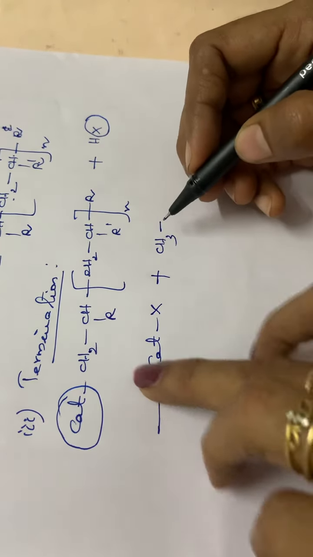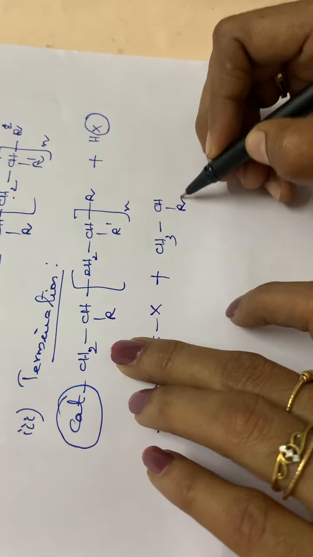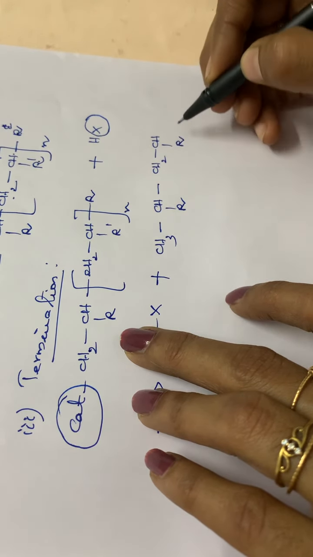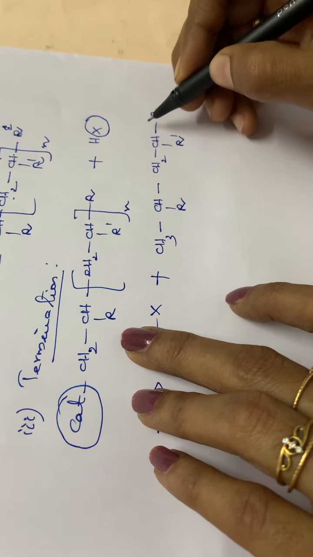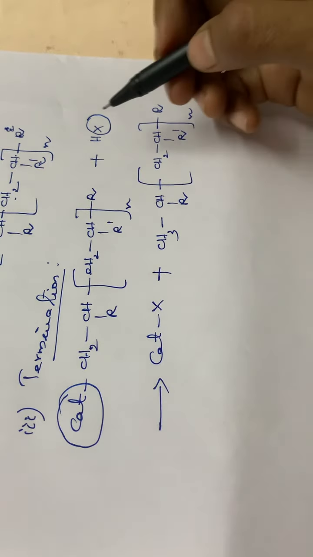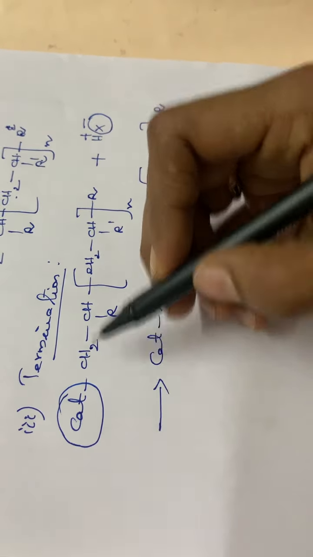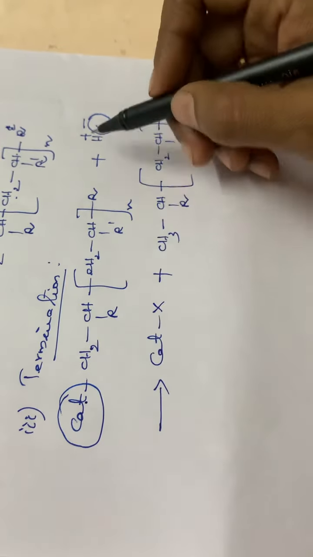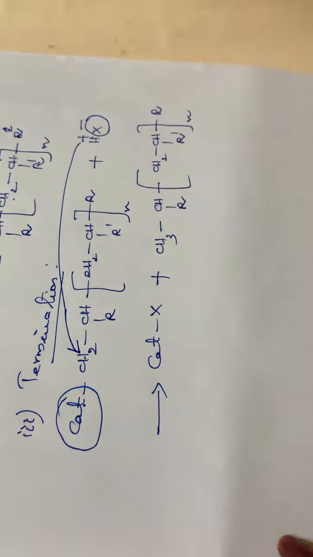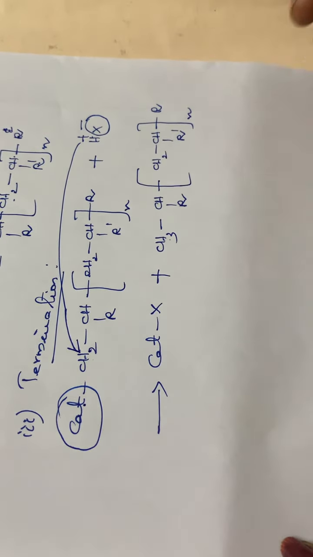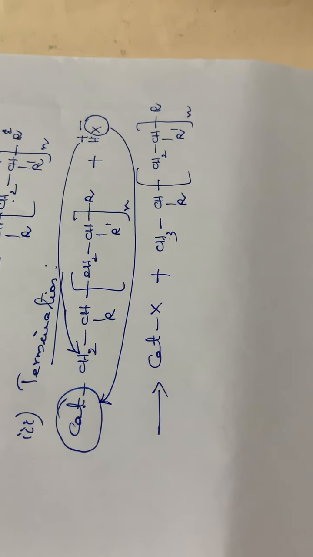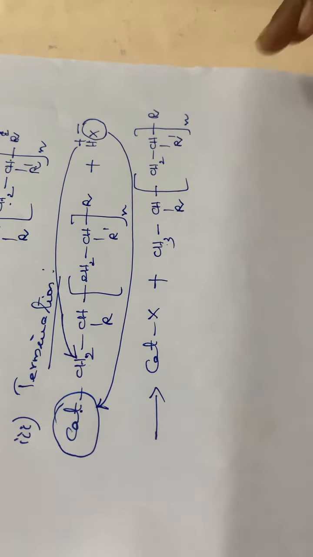So H plus and X minus will be added up. X minus will be going to the catalyst part and the H plus will be going to this CH2, so that it becomes CH3 and X minus is added to the catalyst part. Okay, so this is the termination step.